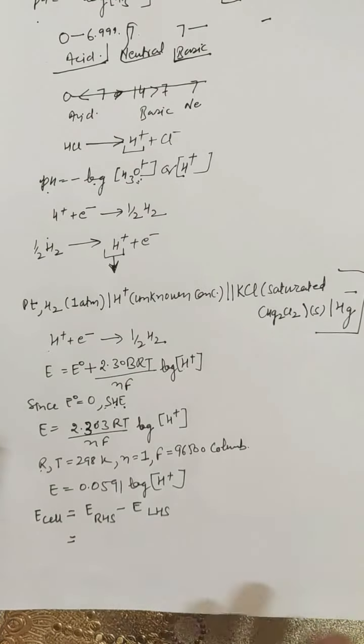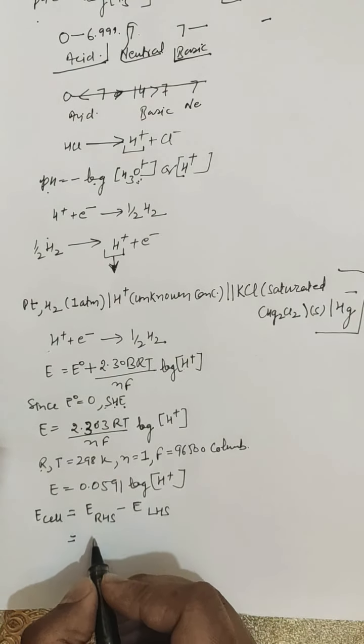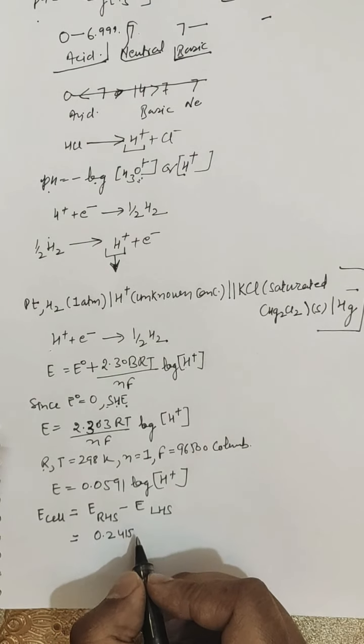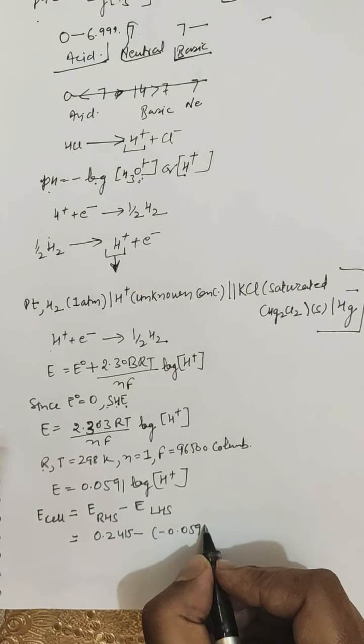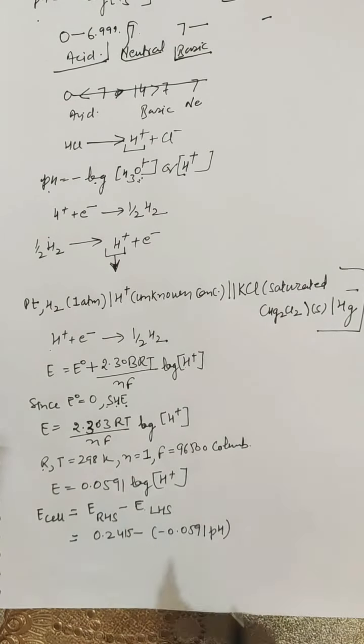This thing we have done many a time earlier, so it's not that much complicated. Further, the electrode potential of the RHS electrode is 0.2415 minus 0.0591. This is the pH value of this, pH being the negative log of hydrogen ion concentration.